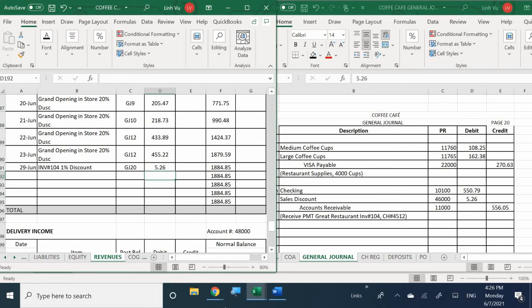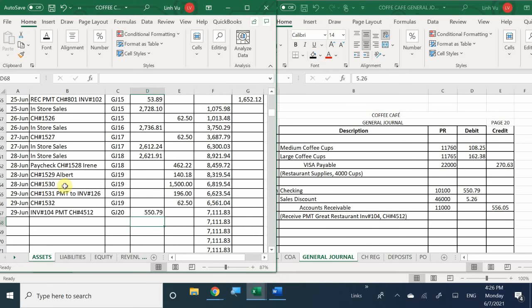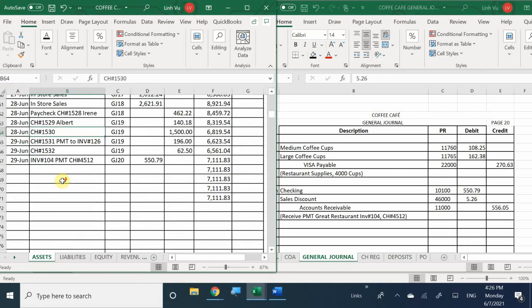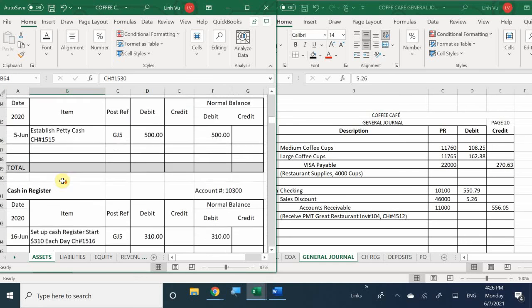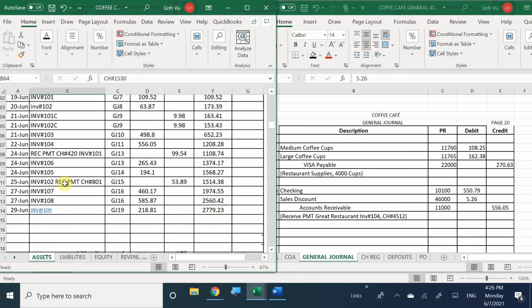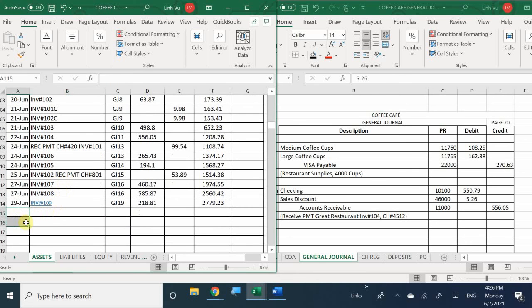When everybody's caught up, we're going to go back to our assets. All right. So we're going to jump back to our assets and go to our accounts receivable. So this time we got paid. It's going to be 629.